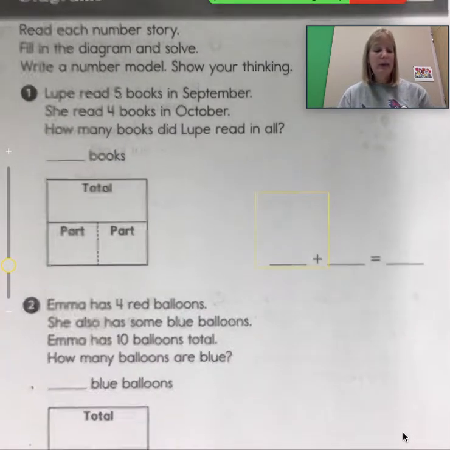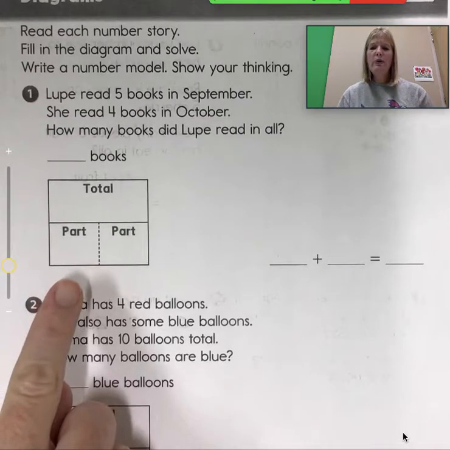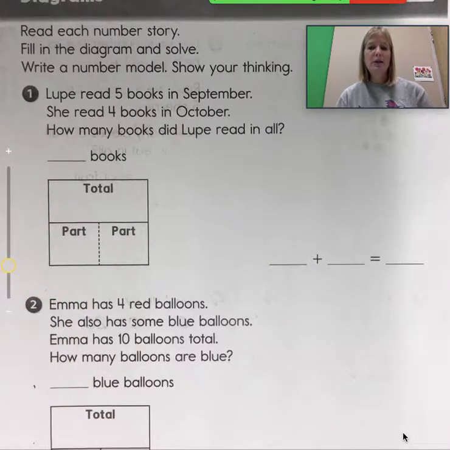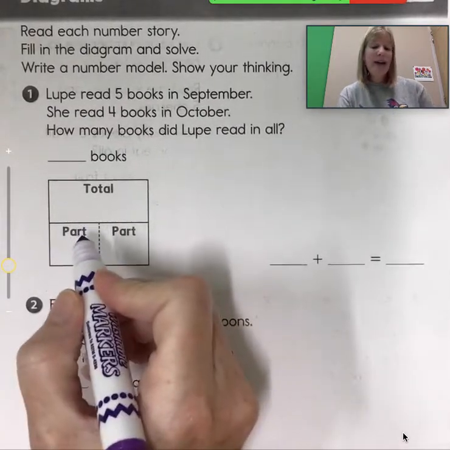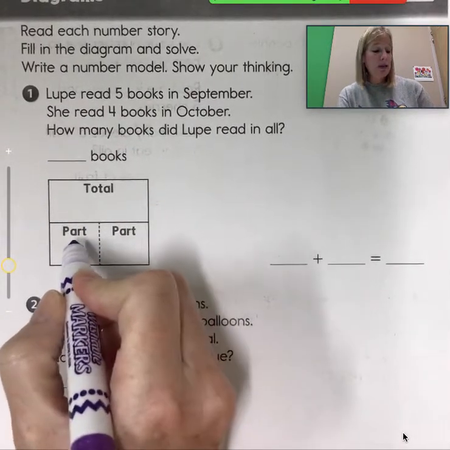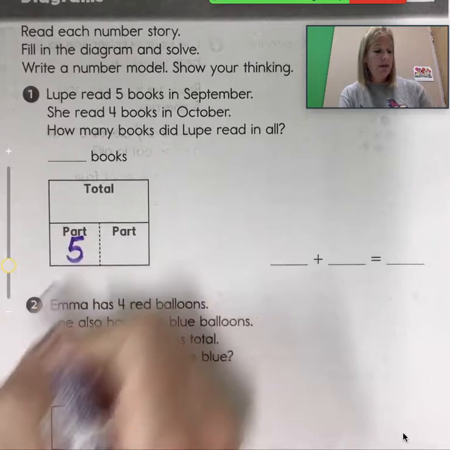Now, I would like for you to think, what are you going to put in the part total? 5 books in September, 4 books in October. Go ahead and put what you think. All right. Well, if she read 5 books in September, that's a part, 5.